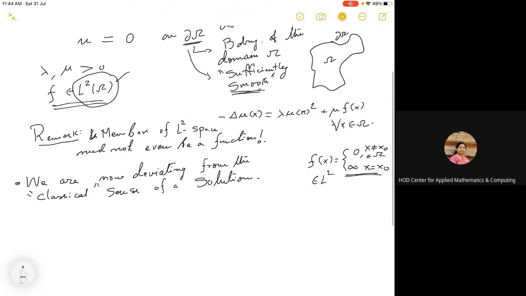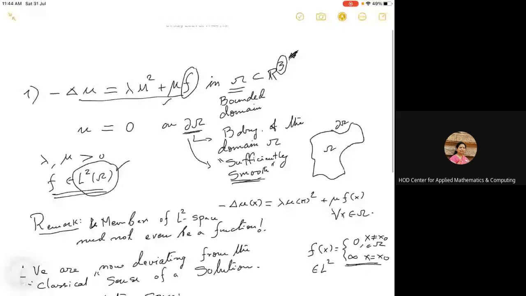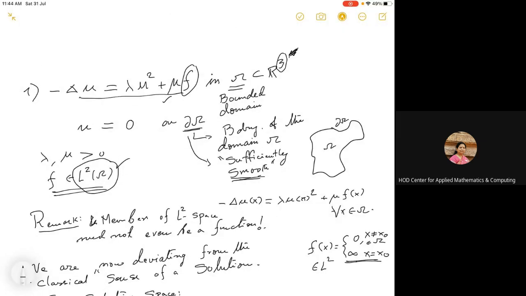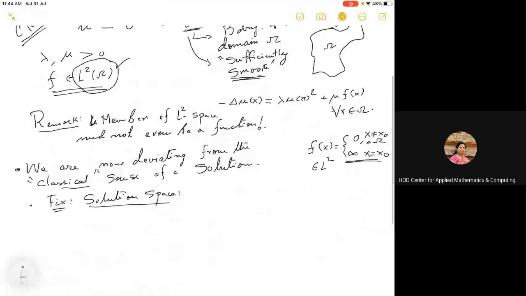What we will try to do is, firstly, we will first fix a solution space. Because we are no more in the classical regime, because had it been a classical regime, I would have chosen my solution space to be C2 of omega, which is twice continuously differentiable functions, would have been a solution in the classical sense. But now I can no more choose this.